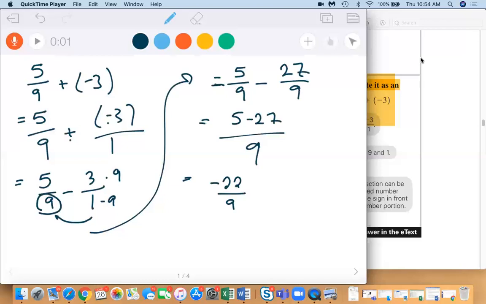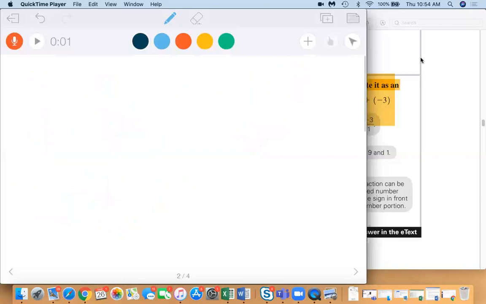Very good, Jacoy. Yes, we need to convert it to a mixed number. This is an improper fraction, and the directions said to convert it to a mixed number. So let's take that over here. We have negative 22 over 9.